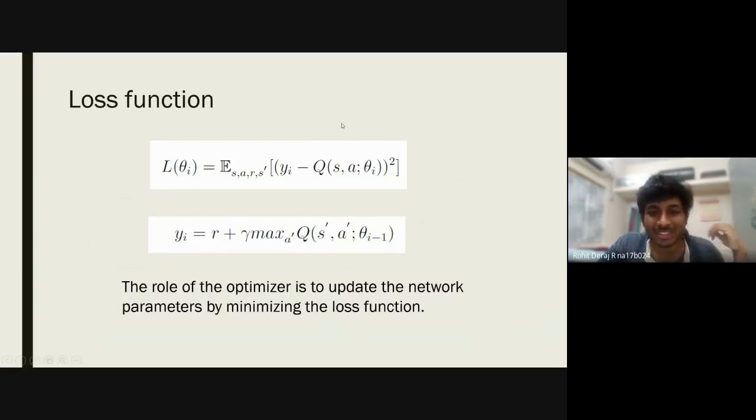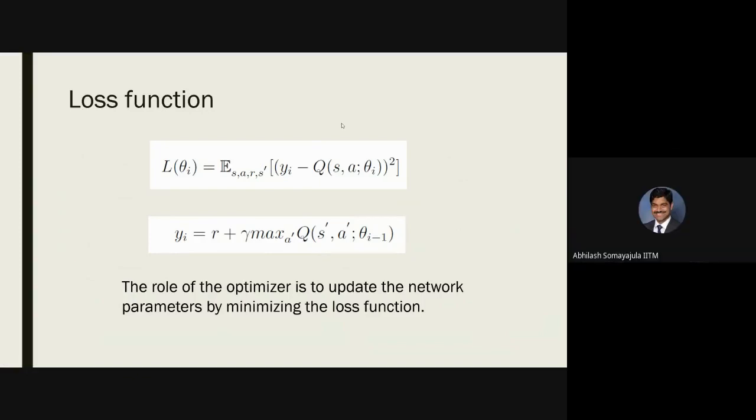Not sure why that is the case, but this is a loss function. Oh, come on. You know why that is the case. Don't say that you don't know. Why is it theta i here?